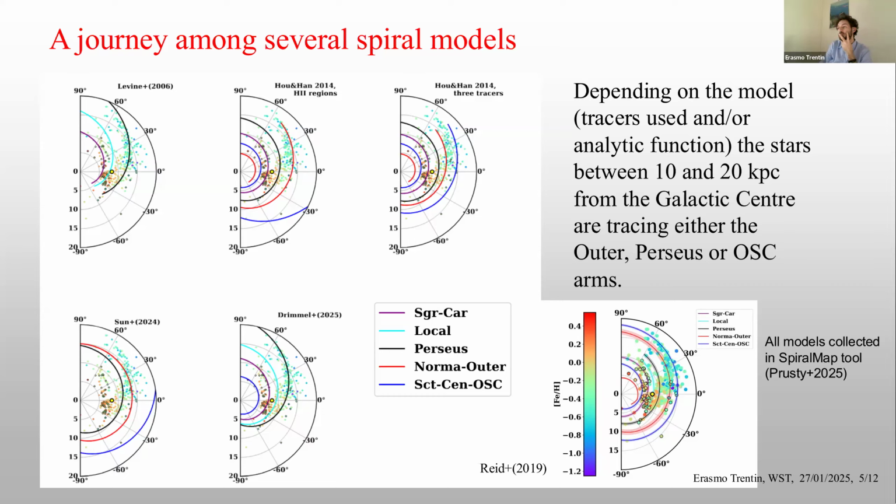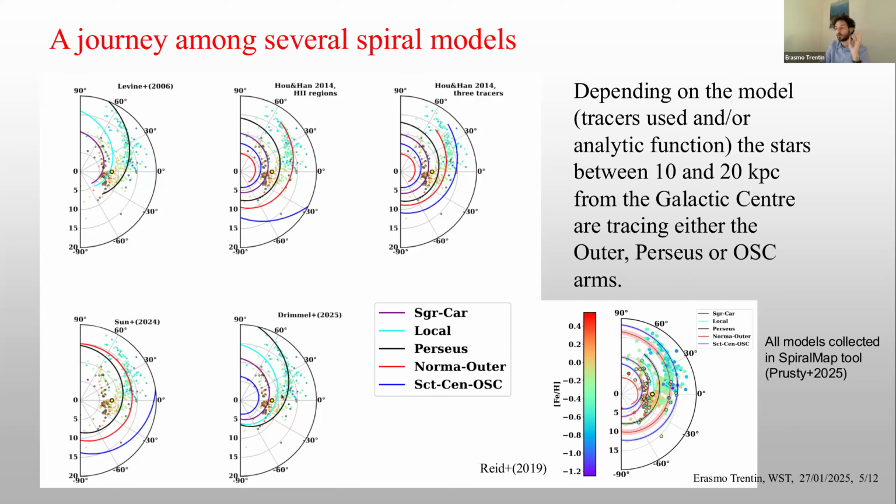several models that can differ quite a lot. I would like for you to notice, for example, how in Levine and collaborators 2006, or in the recent paper last year by Drimmel and collaborators that used classical Cepheids to constrain the spiral arms, the most external stars nicely trace the Perseus arm, so not the Norma or the OSC arm.